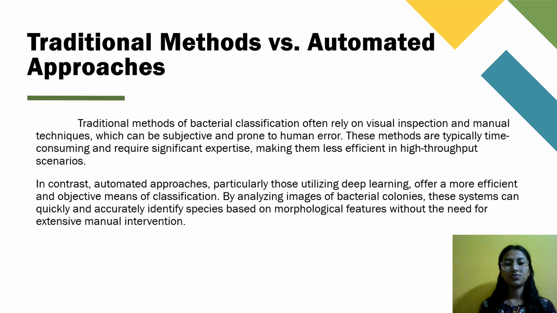In contrast, automated approaches, particularly those utilizing deep learning, offer a more efficient and objective means of classification. By analyzing images of bacterial colonies, these systems can quickly and accurately identify the species based on morphological features without the need for extensive manual intervention.